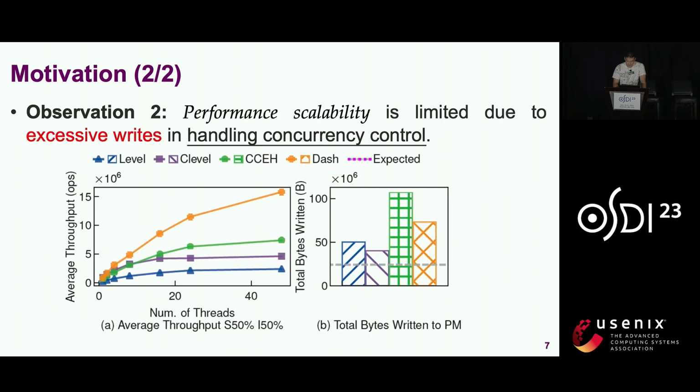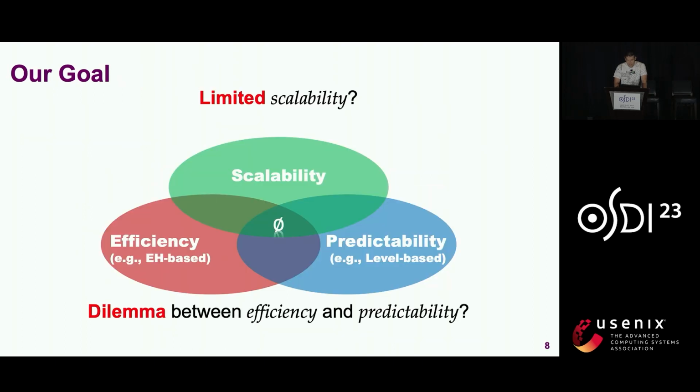What's more, we find the performance scalability of existing PM hashing is limited due to the excessive writes in handling the concurrency control. Thus, we propose SEPH, which is the first PM hashing to achieve good scalability, efficiency, and predictability at the same time.